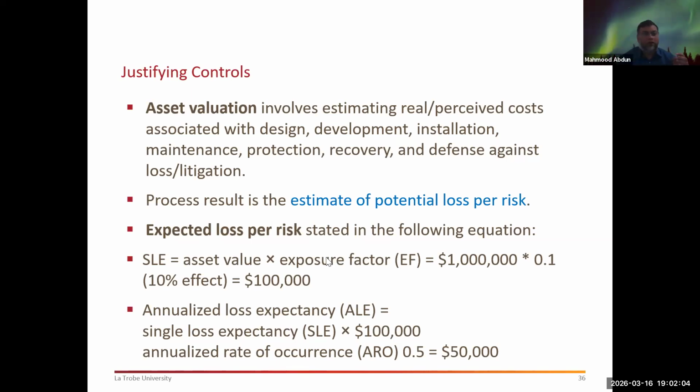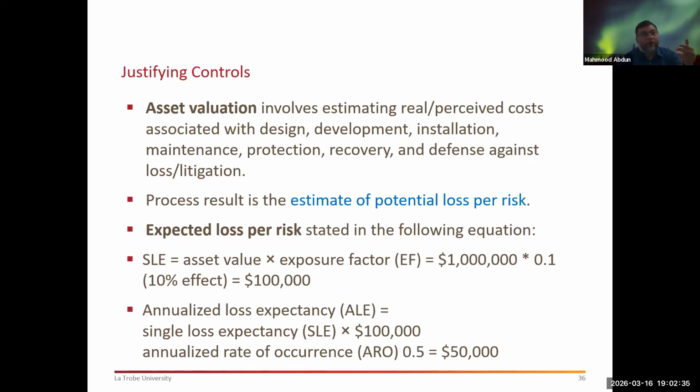Understood? Now, consider how many times this is going to happen in a year. So this is the likelihood, right? The likelihood estimate. How many times is it going to happen a year? If we know that the annual rate of occurrence is going to be half, that means we expect this to happen once every 2 years. This is our estimate. We have found it from somewhere, right?